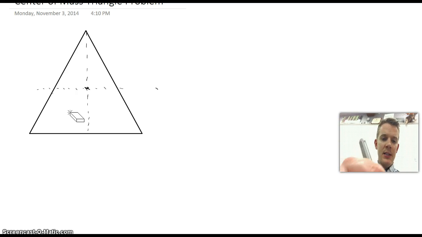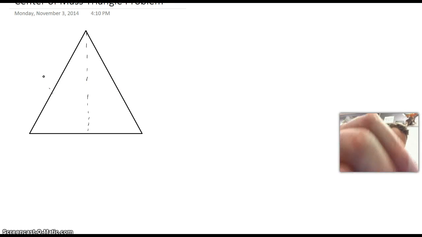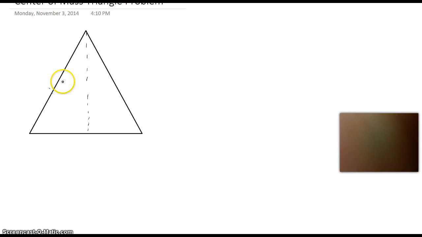Now you could also make that same argument by starting a line right here and drawing it to the midpoint of this side here, as if you had just tilted the triangle. So the center of mass must lie along that line. Let's draw that line in. I'm just going to turn my screen.